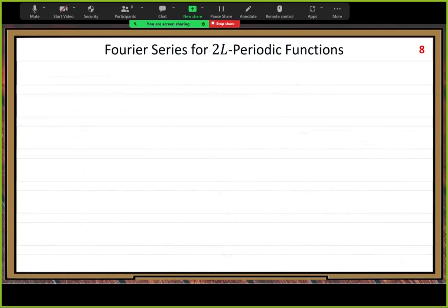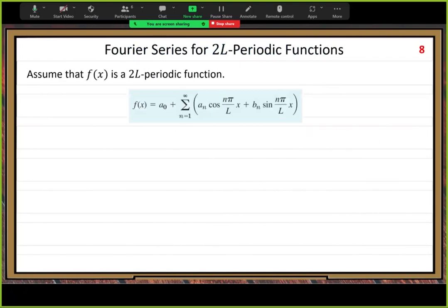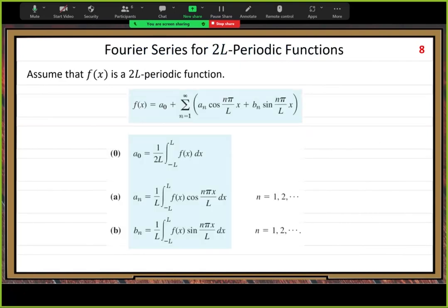All right, so the next slide is just a summary. I list all the formulas. Later, when you have a function with 2L period, you just apply these formulas directly, so you skip the intermediate development work.